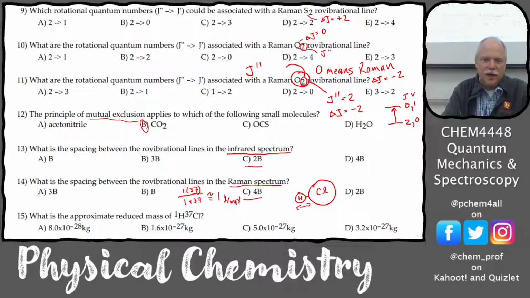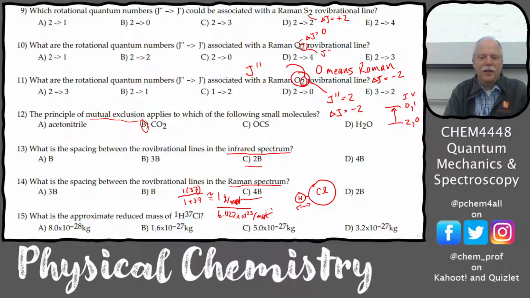How do I get to the mass of hydrogen if I haven't memorized it and I haven't put it on my note card? How do I get out of this to kilograms? I divide by Avogadro's number, 6.022 times 10 to the 23rd per mole. So that gets out of the per mole.